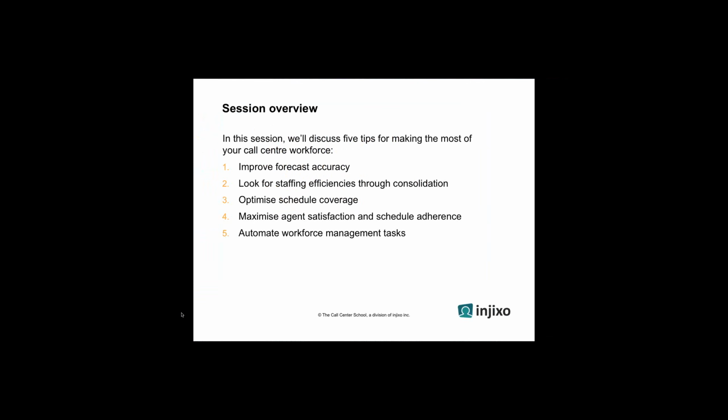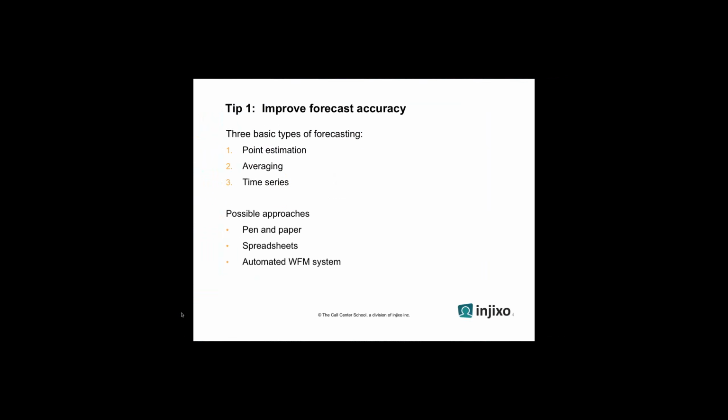All that can be done manually, but it's a very laborious, very time-consuming process and very prone to error. So we'll talk about ways to automate some of these things. So that's what's in store for the next about 50 minutes that we have left. So let's begin with the forecasting piece.